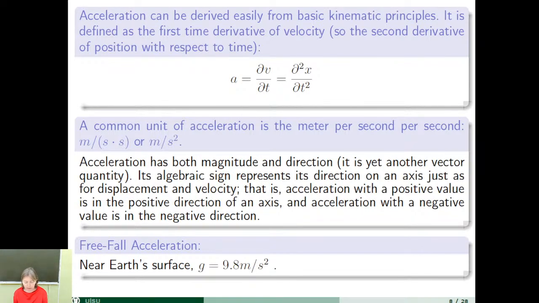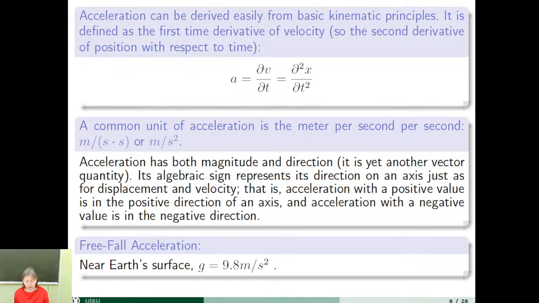An important example of straight line motion with a constant acceleration is that of an object rising or falling freely near Earth's surface. The constant acceleration equations describe this motion, but we make two changes in notation.